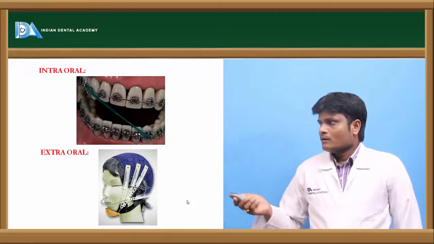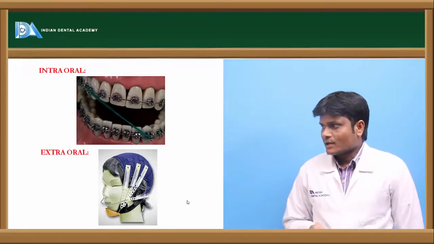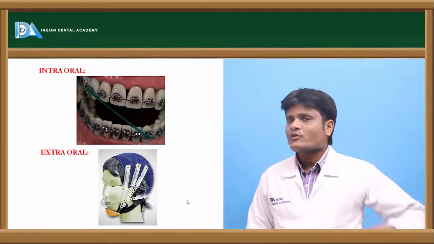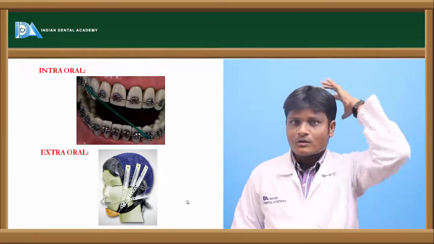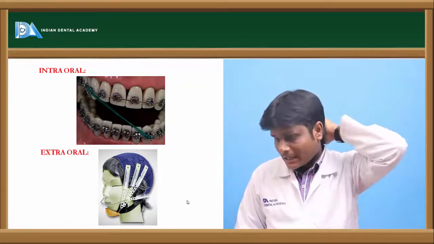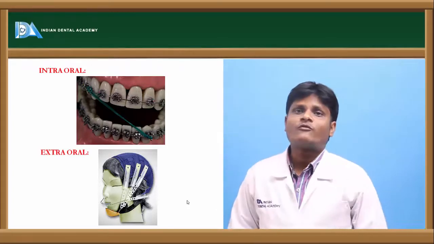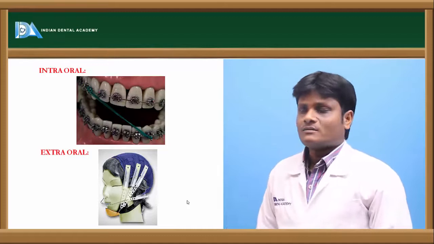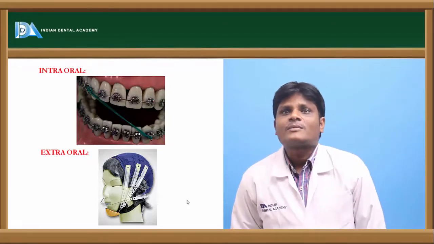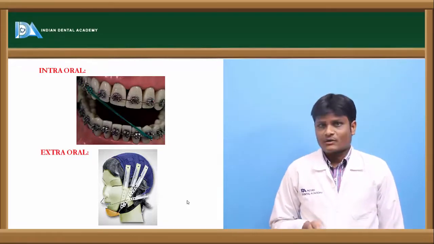Now, the second thing is extraoral anchorage. Here we are taking support from the occipital region or parietal region or nape of the neck, or the back of the neck, in order to affect movement of teeth or jaws. So all the orthopedic appliances can be used as extraoral anchorage.